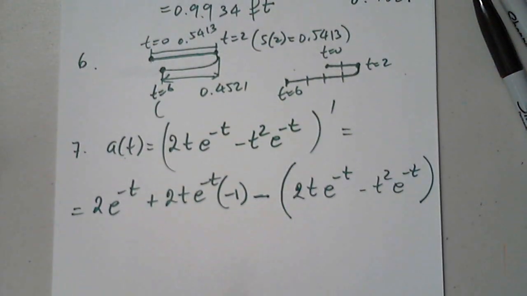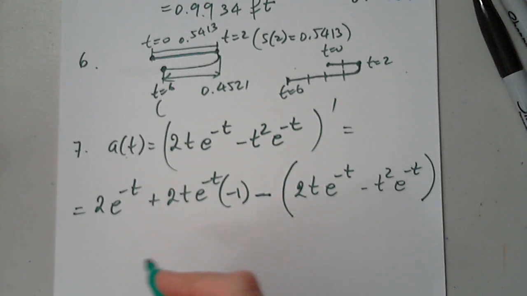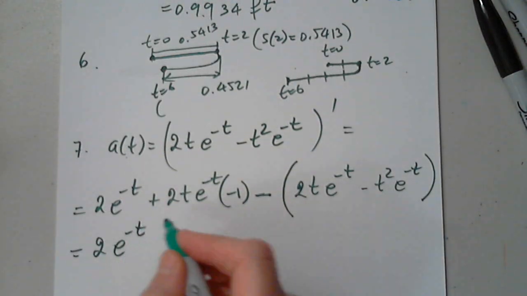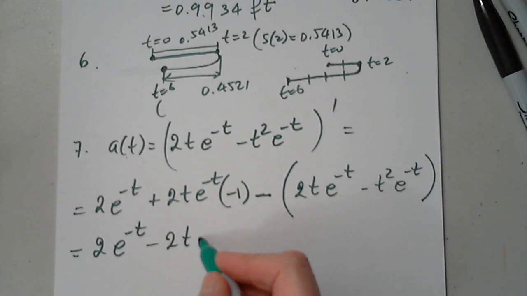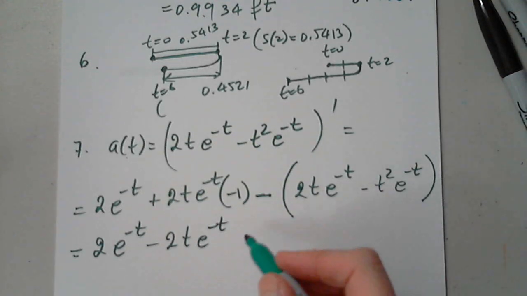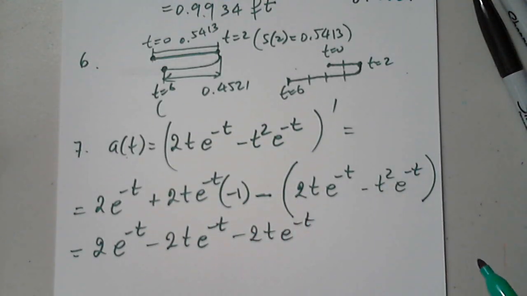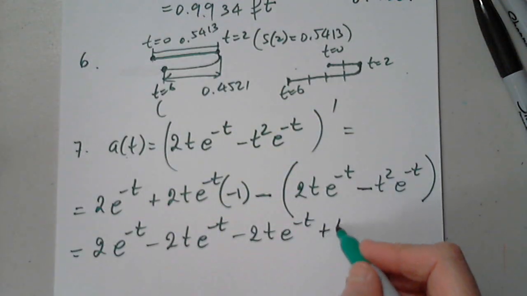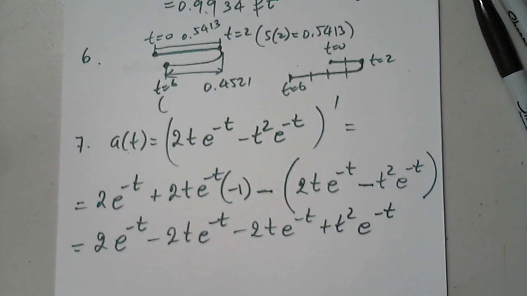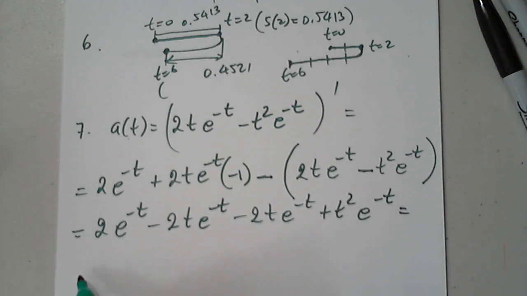Because we just differentiated that. Okay, now I will distribute a negative sign. So I have 2e to negative t minus 2t e to negative t minus 2t e to negative t plus t squared e to negative t. Awful, but that's what it is.